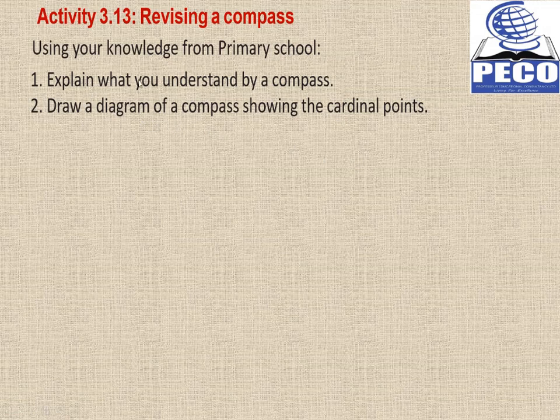Therefore, after explaining what you understand by a compass, can you draw a diagram of that compass, what you used to draw? How many major points do we have on a compass?